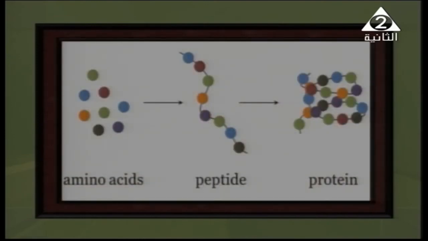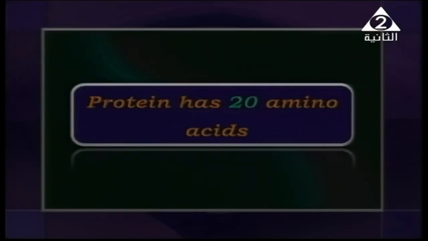This figure represents that when amino acids bind together they form a polypeptide, and the polypeptide forms a protein, and the protein has 20 amino acids. We have different types of amino acids, as we said before.